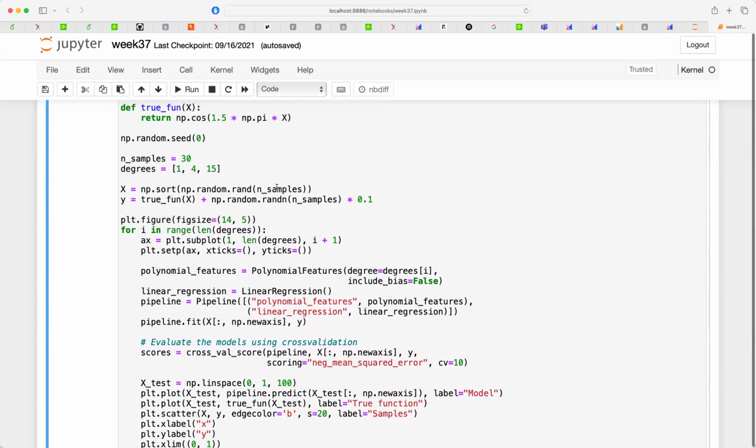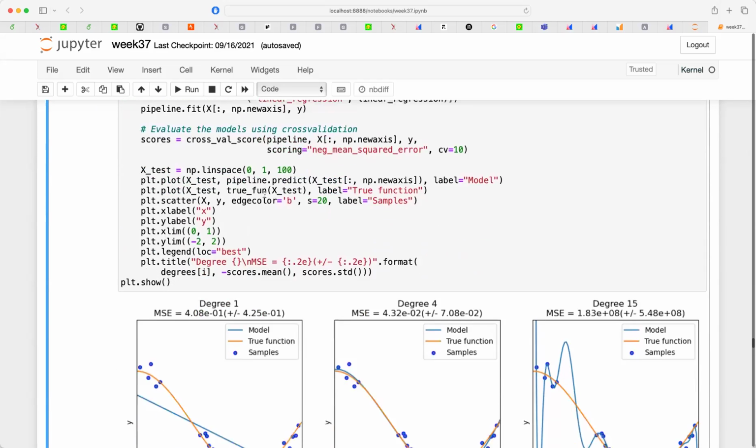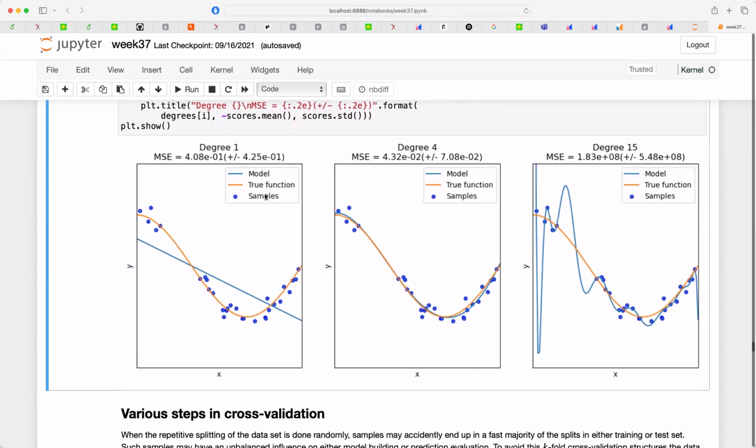In this particular case, we have 30 data points, so it's pretty small. As we said, the results will change as a function of the number of data you have.